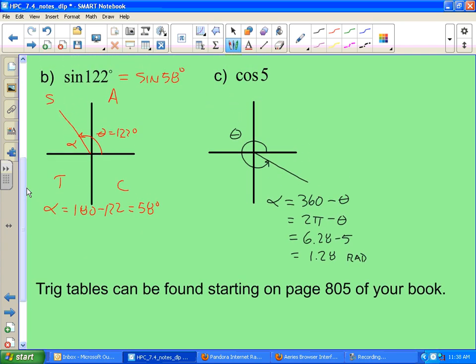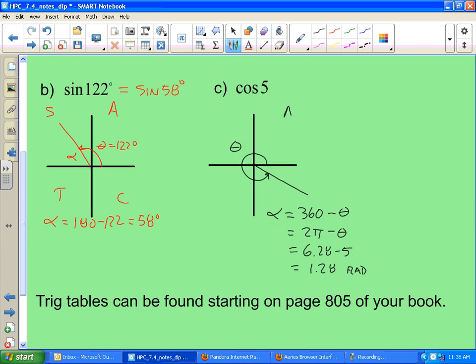Okay, so we know that's my reference angle. However, thinking about this, the value cosine is positive in quadrant 4, which is good, because it's also positive in quadrant 1, where I would have a 1.28 reference angle. So cosine of 5 radians is the same thing as the cosine of 1.28.